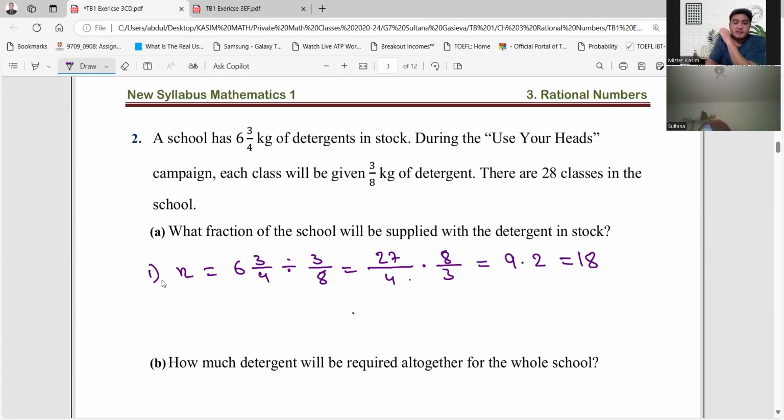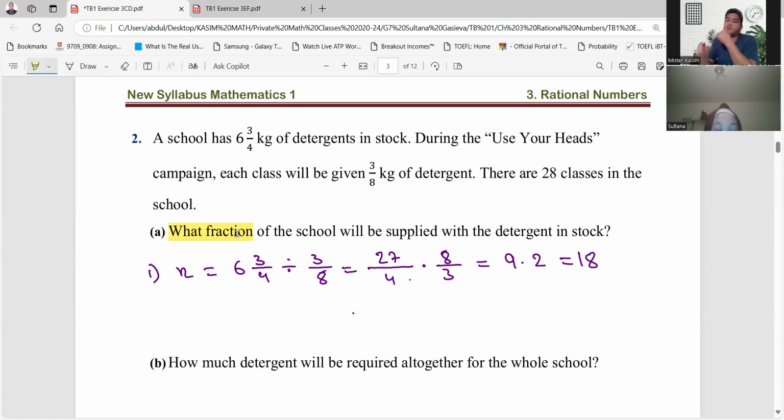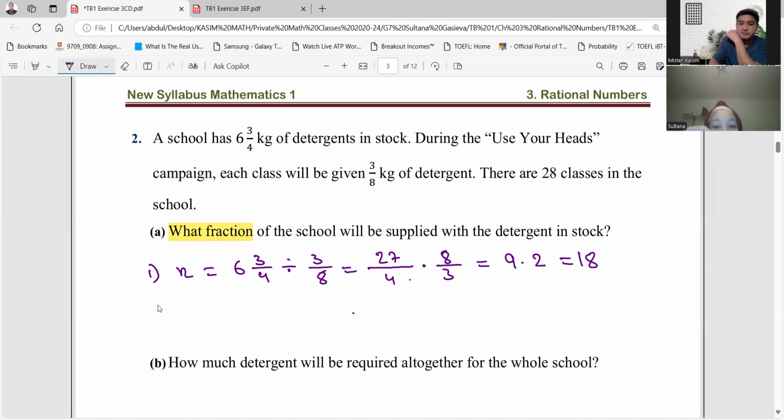But in the question, it is asking what fraction of the school will be supplied. How do we answer this question? So we have to also turn it into a fraction. Divide 18 by all the classes, because that is the total fraction of the school supplied with detergent.